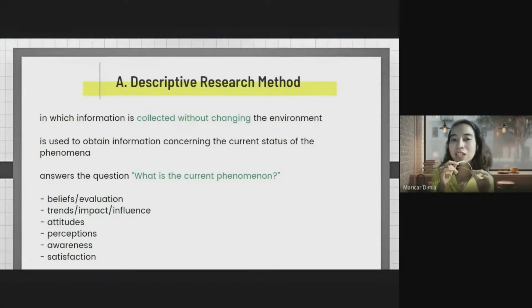So mga sample descriptive research studies class, it can be about beliefs, evaluation, trends, impact, influence, attitudes, the level of attitudes, perceptions, awareness, and satisfactions. This class will fall under descriptive research method. Baka yung iba sa inyo, ganito yung study nila. That falls under descriptive research method.